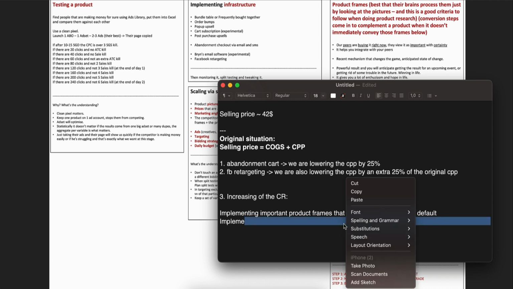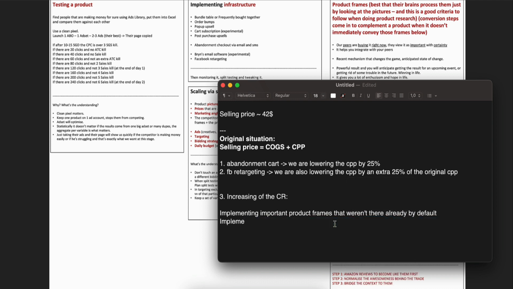And I talked about in other videos how those particular product frames will have an impact on the conversion rate. And then implementing important seller frames that weren't there by default, and then implementing important rationality distorting frames that weren't there.